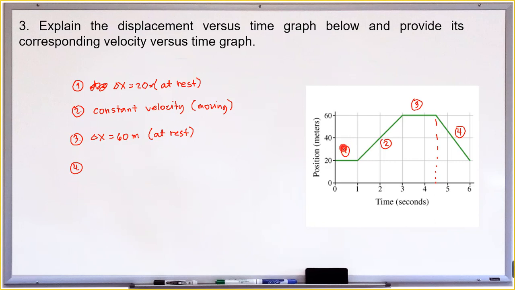Number 4, so gikan 60, makita, uy, ni drop ang displacement from 60 to 20. So yun ang hitabo ani. Meaning nibalik siya, no? Ni change ang direction. So change direction.